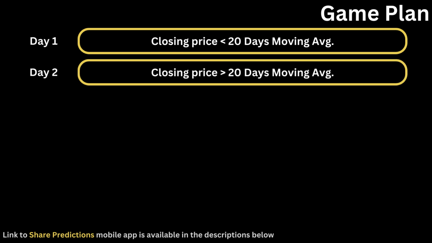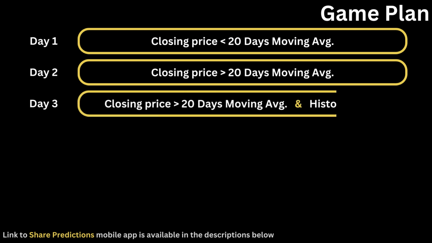On day two, we expect that the closing price of the stock shall be above its 20 days moving average. It will mean that the price crossed above its 20 days moving average, and this is the first uptrend signal for us.